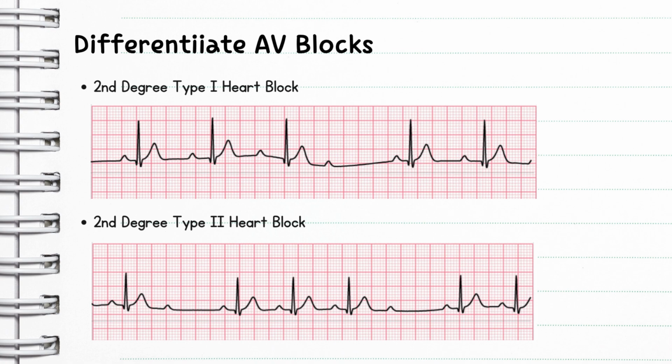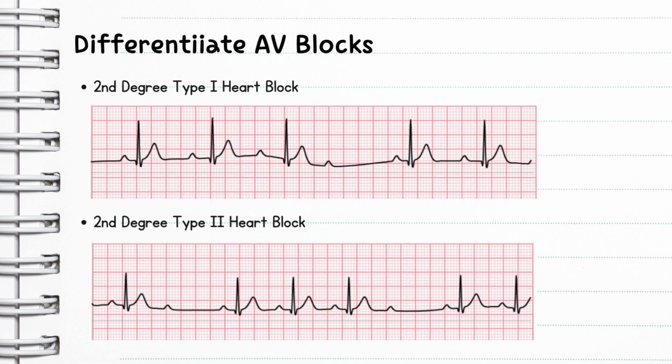And if you notice the space between the P and the QRS complex, it gets a little bit longer with each one. That is second degree type 1. Okay, so type 1 is often less serious and can be seen in healthy individuals, especially during sleep. It's usually due to a delay in the AV node and often doesn't require treatment unless the patient is symptomatic.